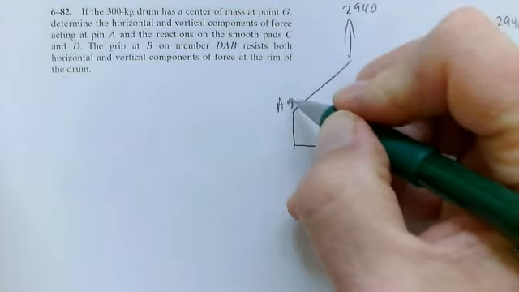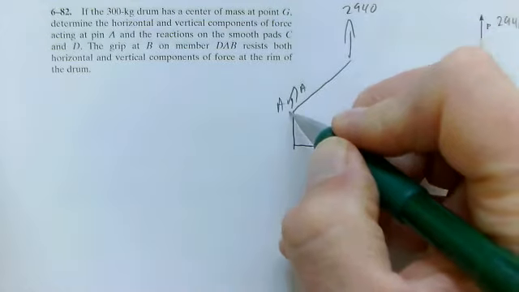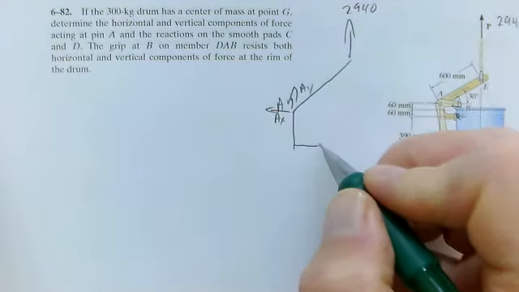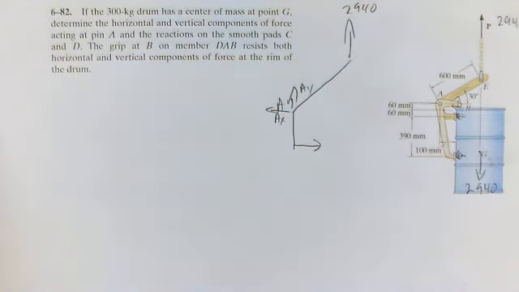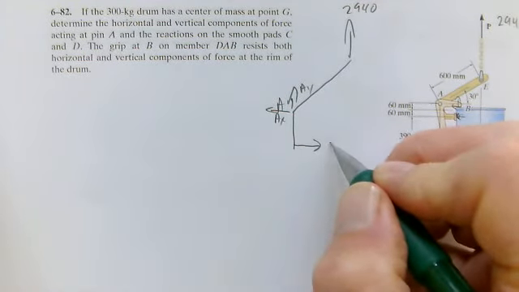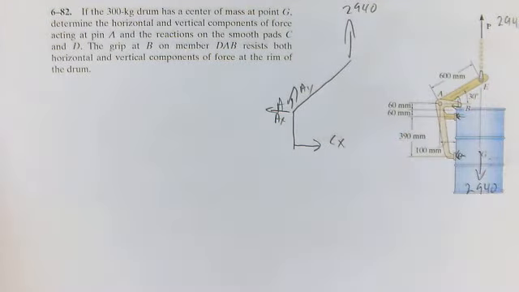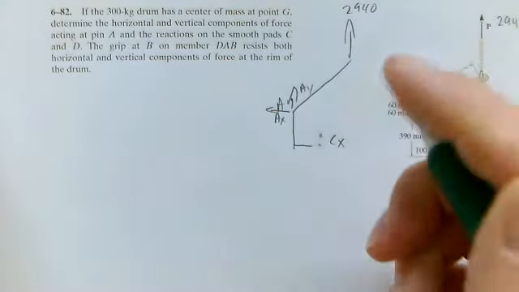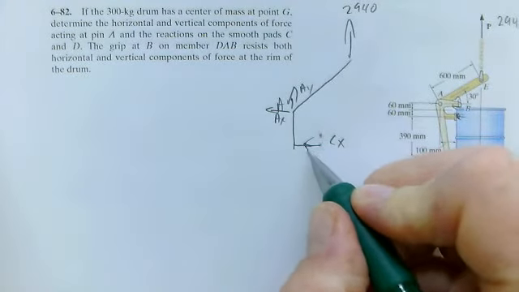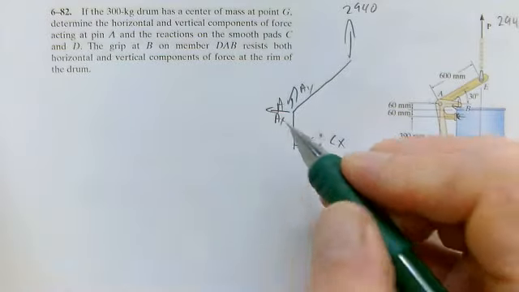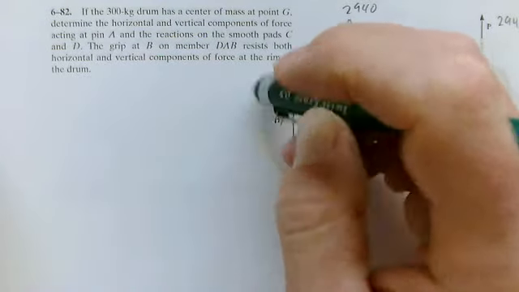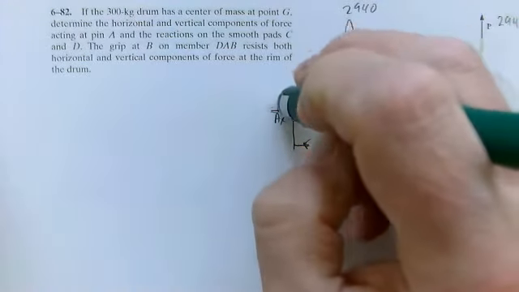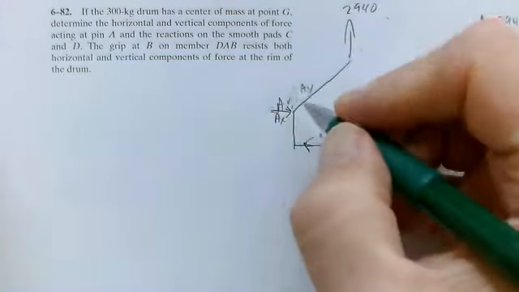We've got a vertical at A. We got a horizontal at A. And we got a horizontal at C. Now that's pushing on that, so they cancel. This is actually going to be going this way. Now if that's going that way, this is going to be going this way. And if that's up, this is going to actually be going down.